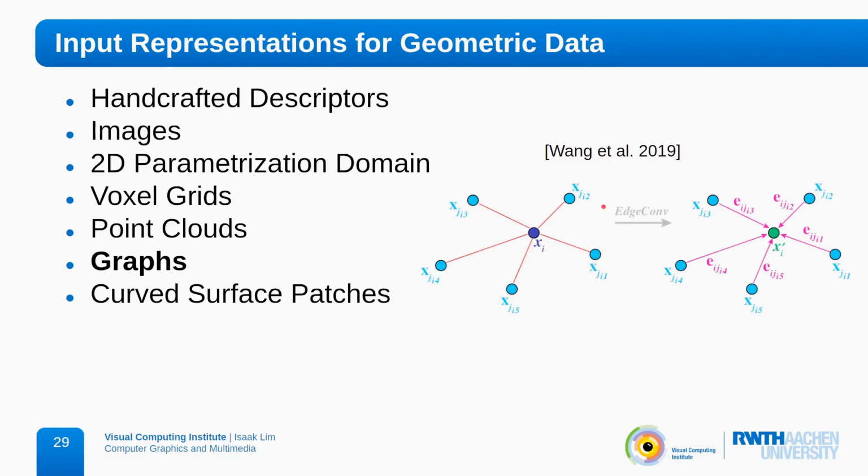The way of working around this irregularity is similar to what has been proposed in PointNet and other methods, namely that we treat each neighbor the same. So we apply the same function to each neighbor of the center vertex, and then we aggregate that information by applying a symmetric function in order to compute a result for this green vertex here.